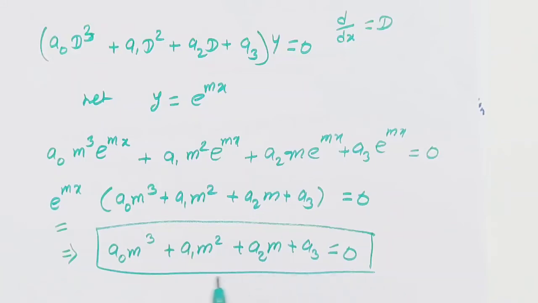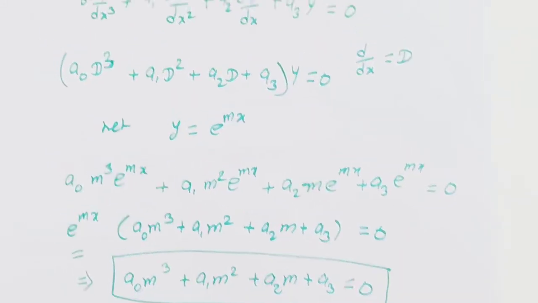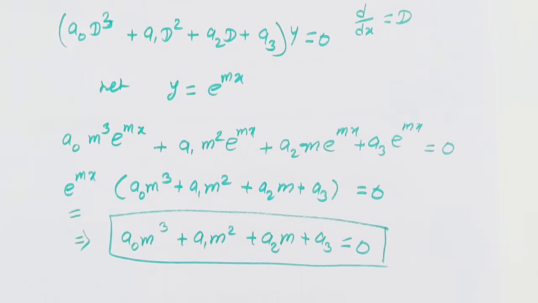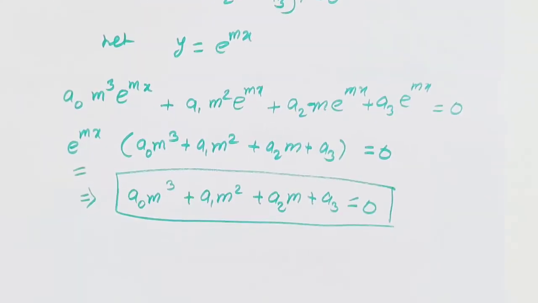So corresponding to these roots we get the 3 different cases for the complementary function. Now we one by one study how to write complementary function for different roots. Again here, to understand the cases of complementary function, we are considering our differential equation is second order. That means corresponding to m we get 2 roots.